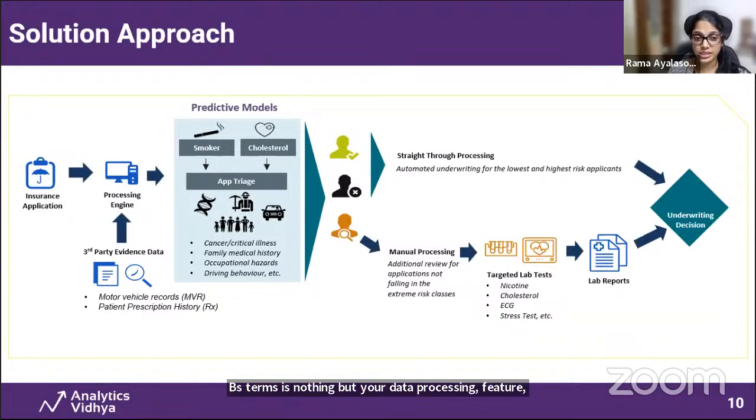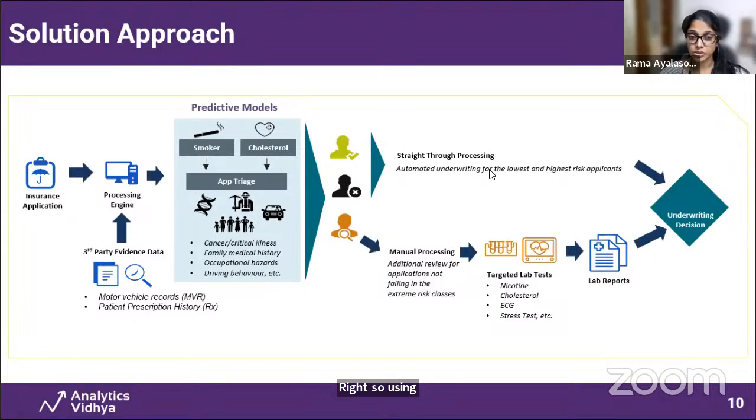Now, once this data set is ready, it is passed into a set of predictor models, the ones shown here being indicative. So the first one is a smoker model. What this helps us understand is what is the probability for a particular applicant to be a smoker, right? So using this data, we build a probability classification model which gives us the probability of a person being a smoker.